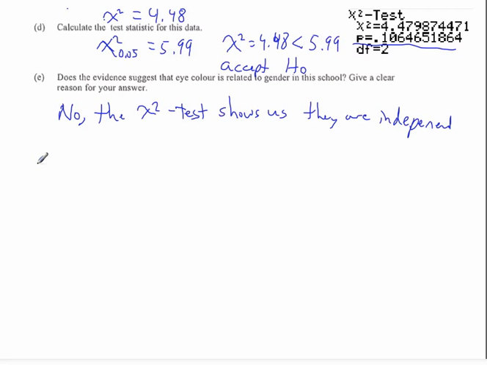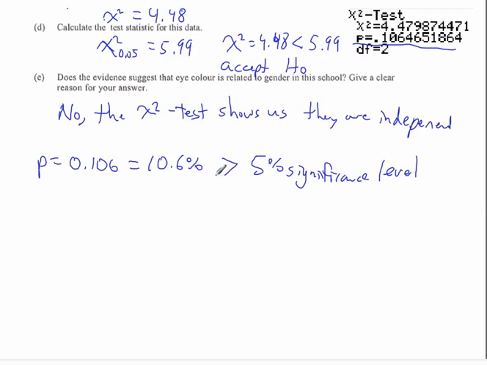So let's look at the p-value. The p-value equals 0.106, which is 10.6%. This is greater than the 5% significance level.